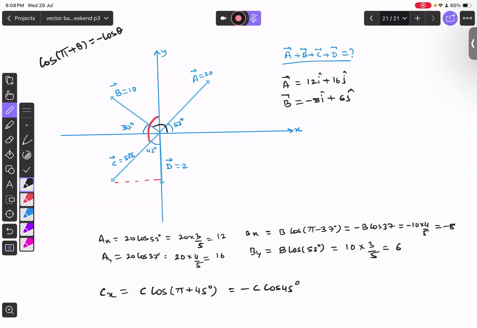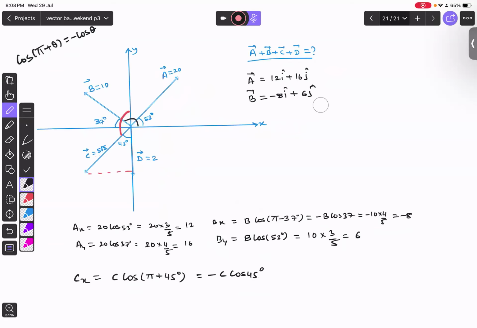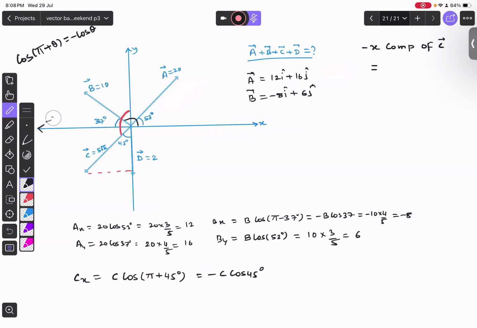Or else you can find the minus x component of the vector C. The angle made by vector C with the minus x direction is an acute angle, 45.